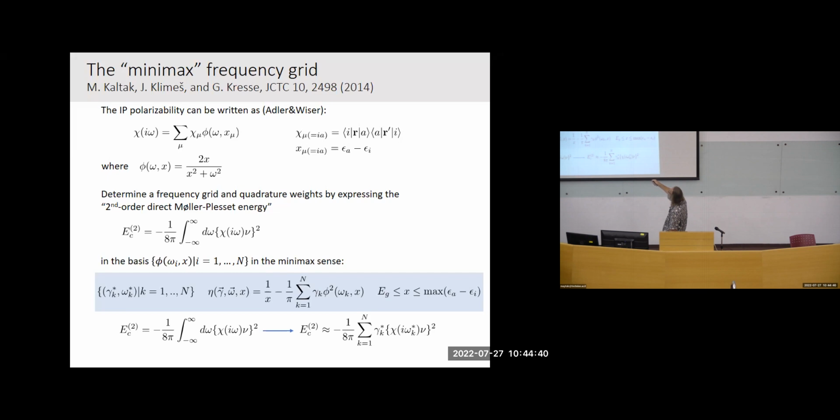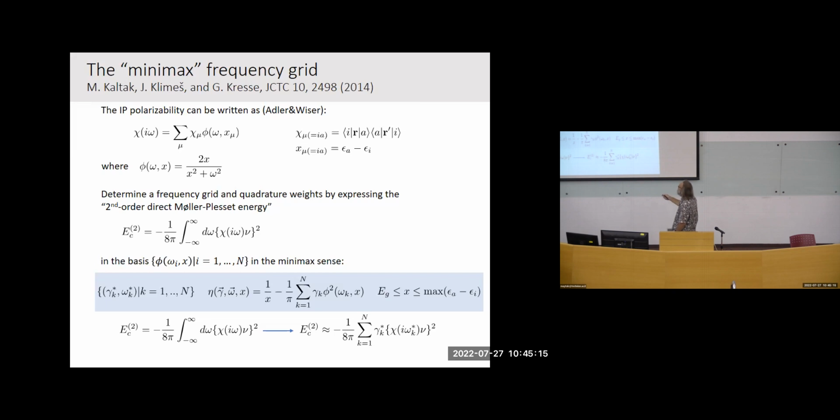So that is written here, and where x is essentially an energy difference, so let's say the energy difference between an unoccupied and an occupied state, and this phi you see here, those are these products of orbitals. So our polarizability has this general functional form, and the frequency and energy dependence of it is given here.